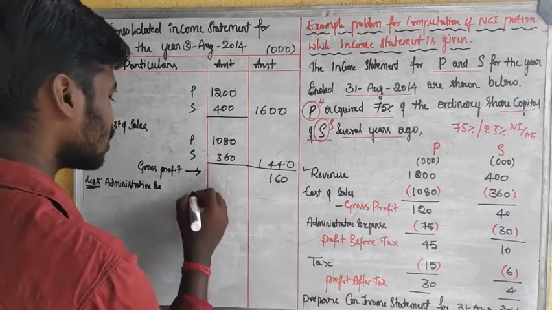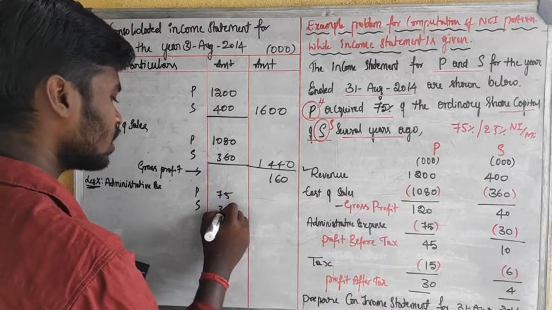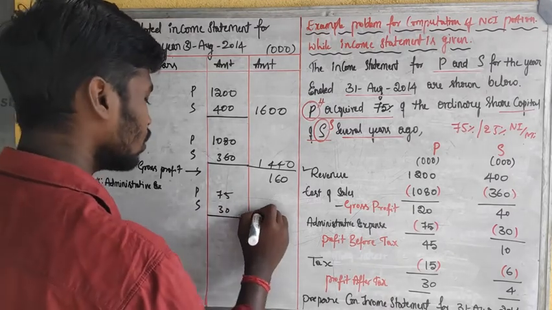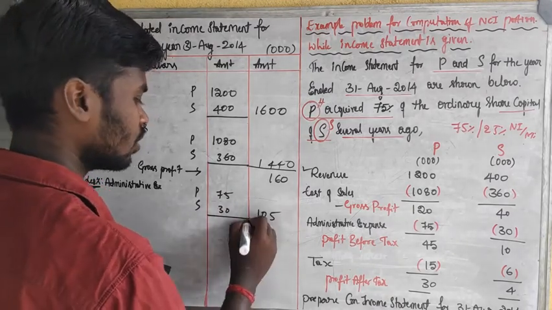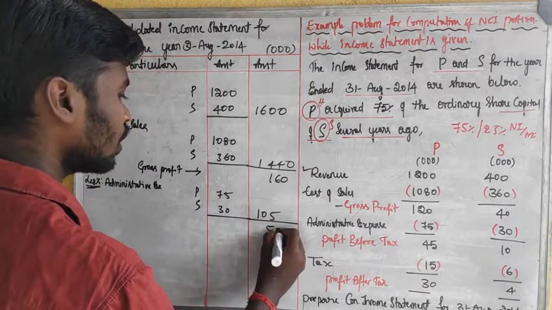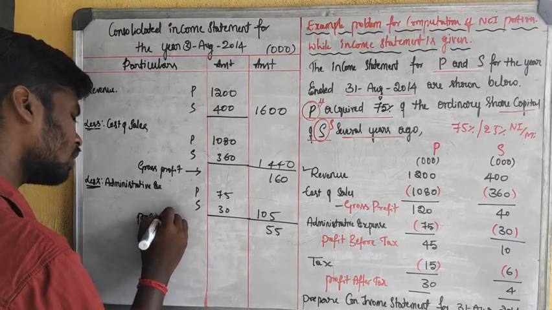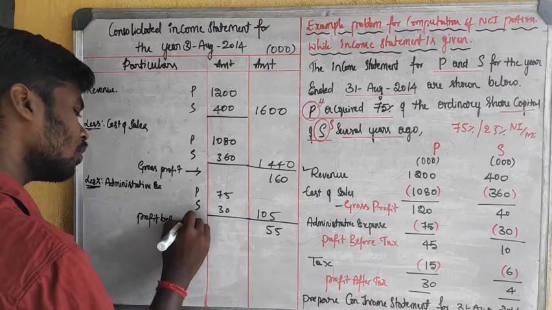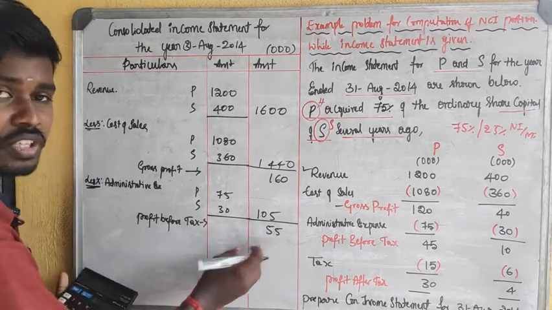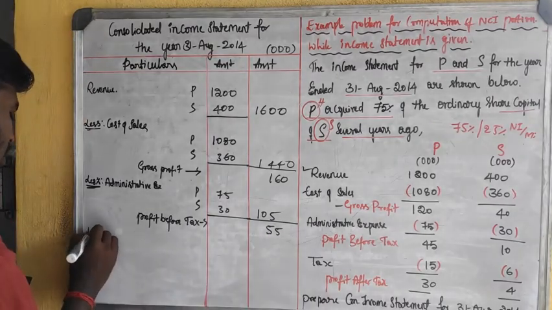What are the administrative expenses of P Limited and S Limited? See, 75 and 30. So total 105. So you will get 55, which is the profit before tax. That is, the consolidated profit before tax is 55,000. Okay, so next you have to deduct tax.